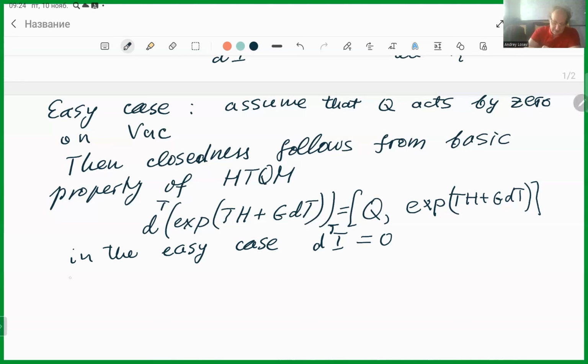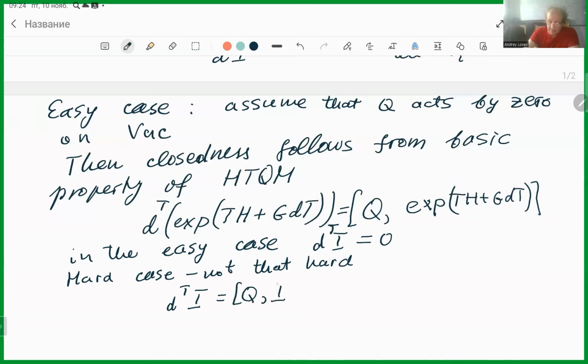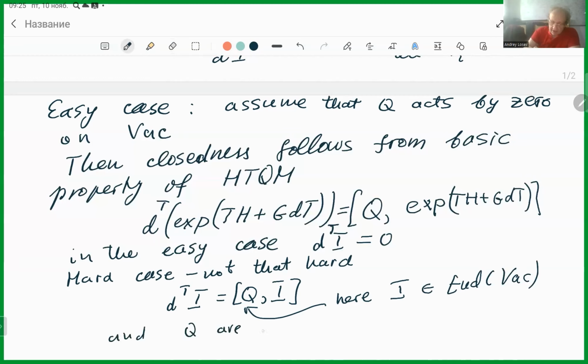Now, the hard case. Not that hard. d t I equals Q I. Here, I belongs to endomorphisms of VAC, and Q are acting on VAC.